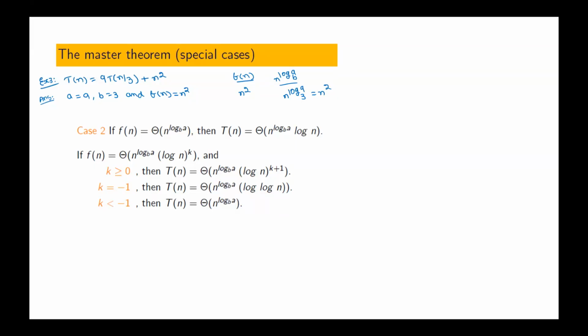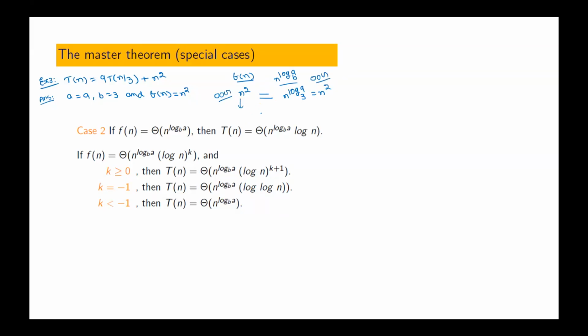Now you tell me which case of master theorem is applicable here? Case 2, because f of n and n power log a base b both have the same order of growth, no? The order of growth of this is the same as the order of growth of this. That means case 2.